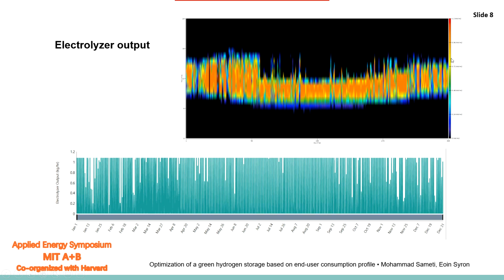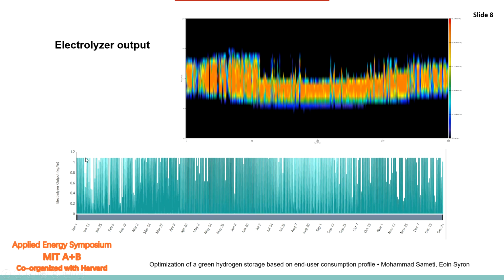This graph is based on the energy produced by the electrolyzer, and this graph is based on the kilograms per hour of hydrogen that is produced by the electrolyzer throughout the year. And as you see, this is the capacity or the maximum level of the electrolyzer output.